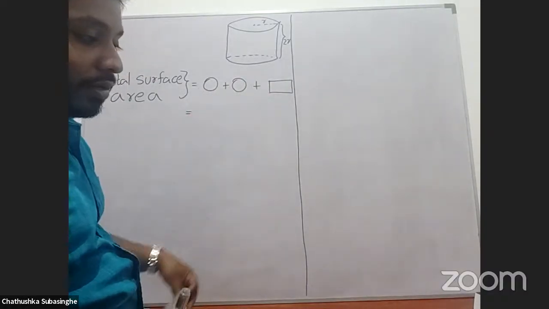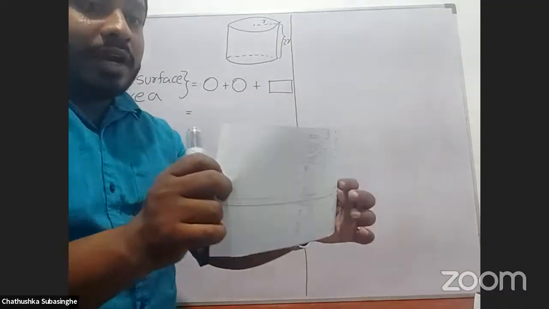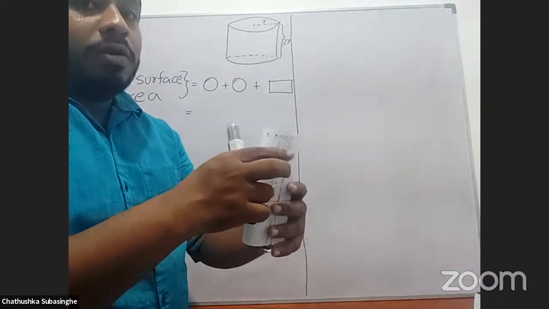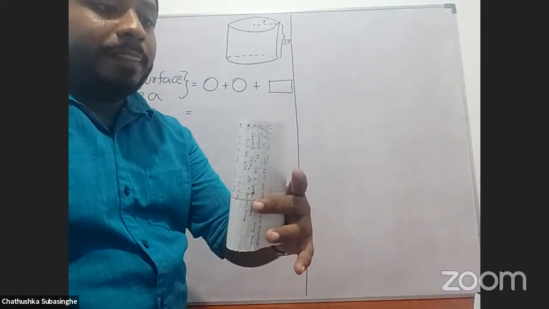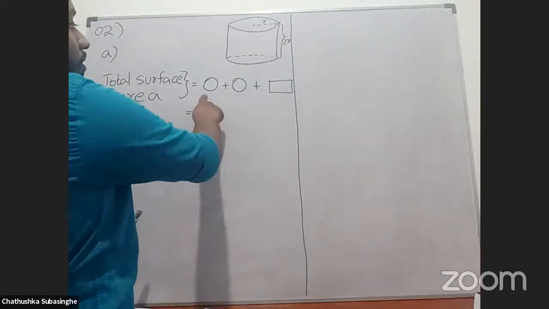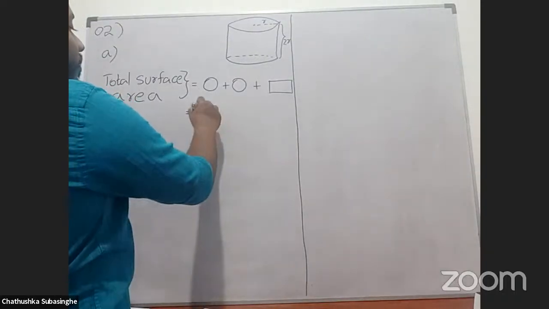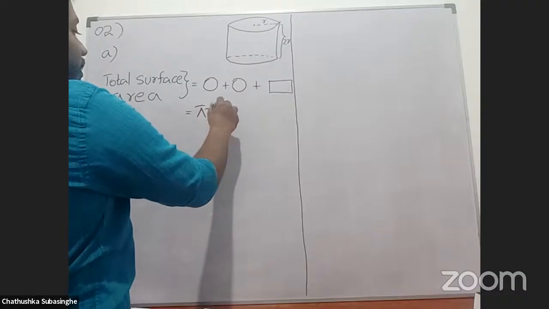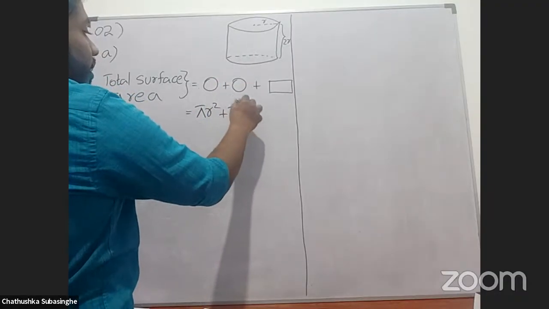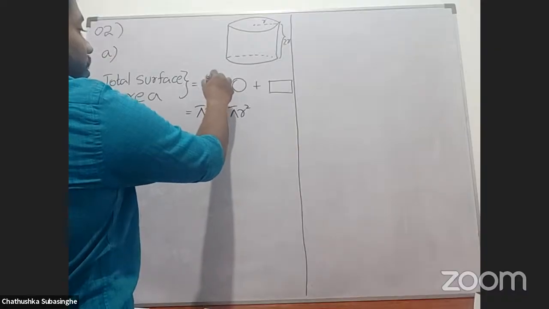Why the rectangle? This is the rectangle, and when I roll it like this, it becomes a cylinder. I have explained this many times now, so I hope you get it. We can find the area of the circle by pi r square. The radius is the same at top and bottom, pi r square.